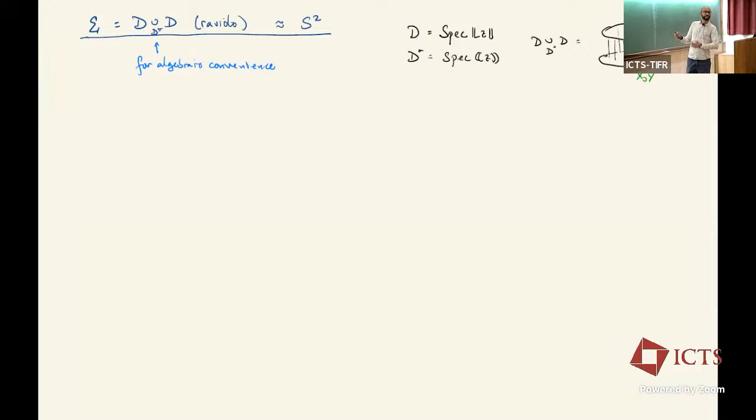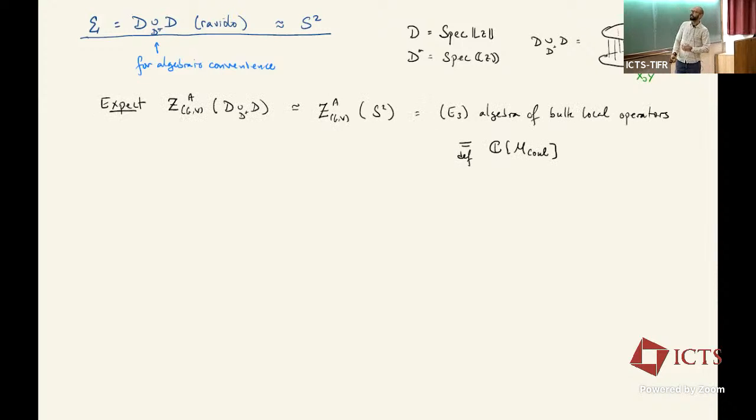And the reason this looks like S2 is that if the puncture that you're removing in the gluing were regularized a bit and made finite, this would topologically literally be S2. And this sort of space comes up when one considers Hecke modifications.